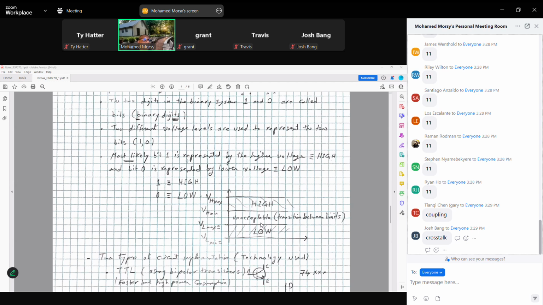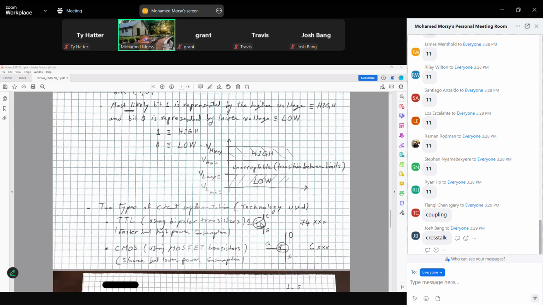Most likely bit 1 is represented by the higher voltage, or we say high, and bit 0 is represented by lower voltage, or low. So 1 is equivalent to logic high, 0 is equivalent to logic low. If we look at this simple figure, logic low is a range, like I mentioned, from 0 to about 0.2 or 0.3.